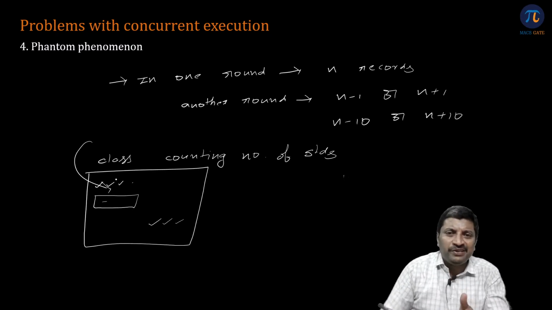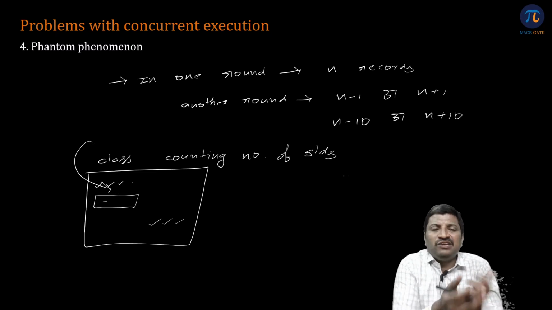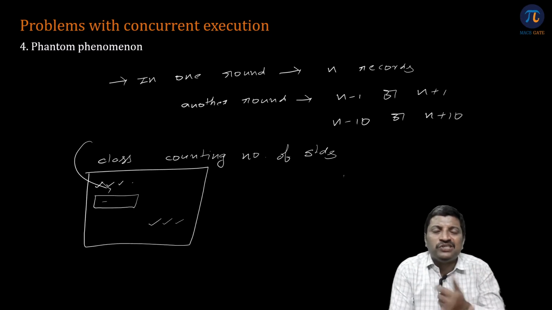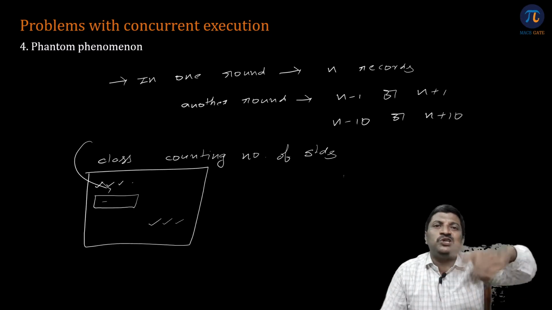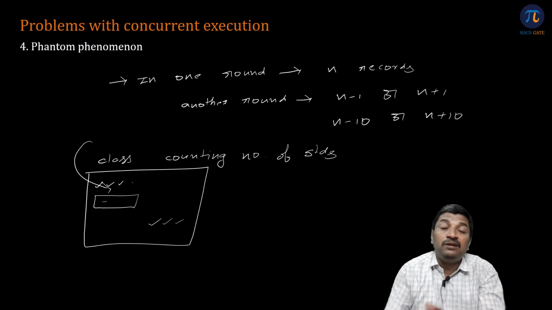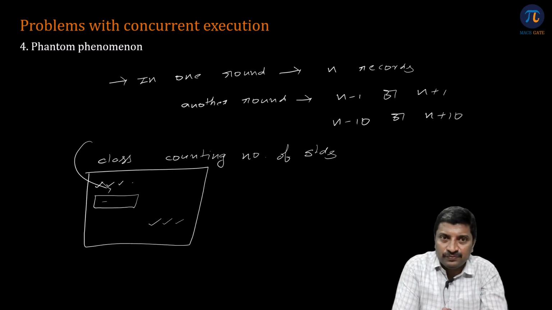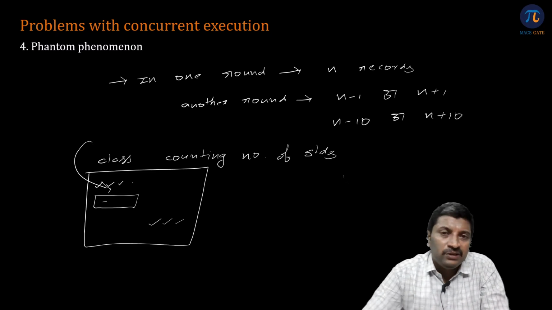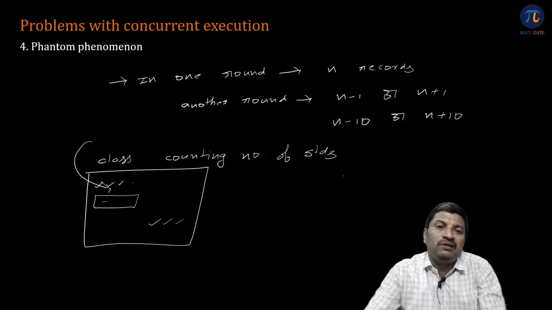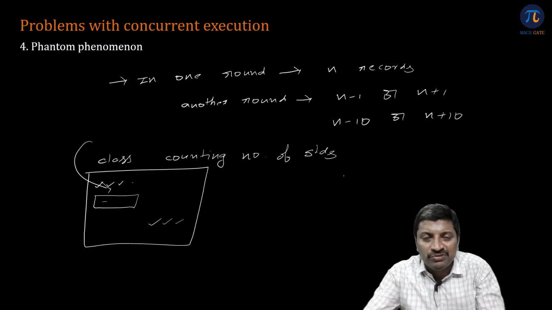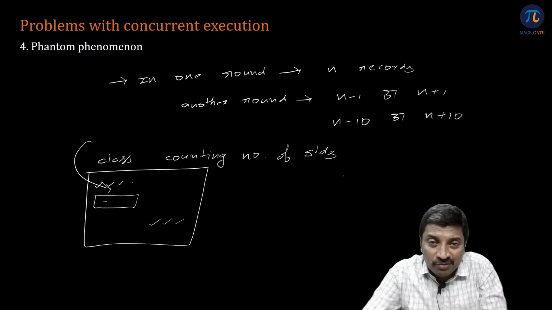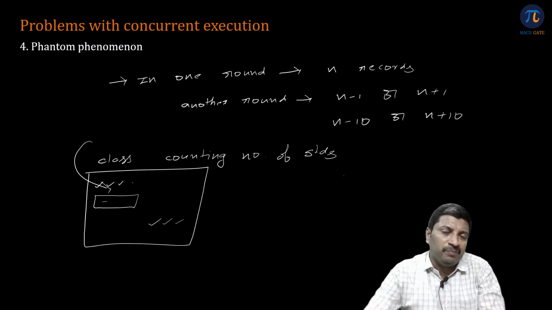So if I repeat the count, 3 will increase because 3 students entered in the database. Or while you are counting, some students may leave the class, then the count may decrease by 3. That is phantom phenomenon. In one transaction I may get n number of records, and if I do the same thing, I may get a different number of records.